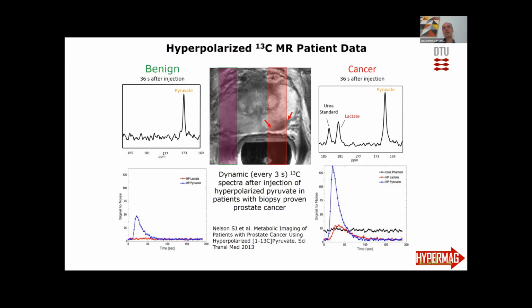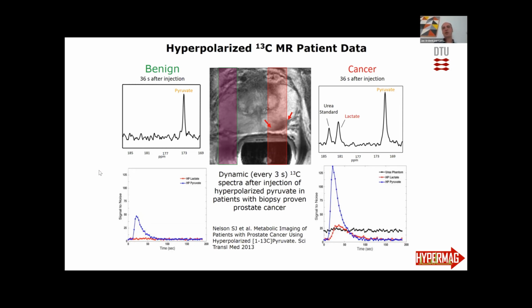And you see the timing of the bolus arrival, which is extremely fast. So it's IV injection, and already less than 30 seconds after the IV injection, the pyruvate reaches the prostate. And in the case of the slab through the tumor, we see lactate being generated with a few seconds delay from the arrival of the pyruvate bolus.